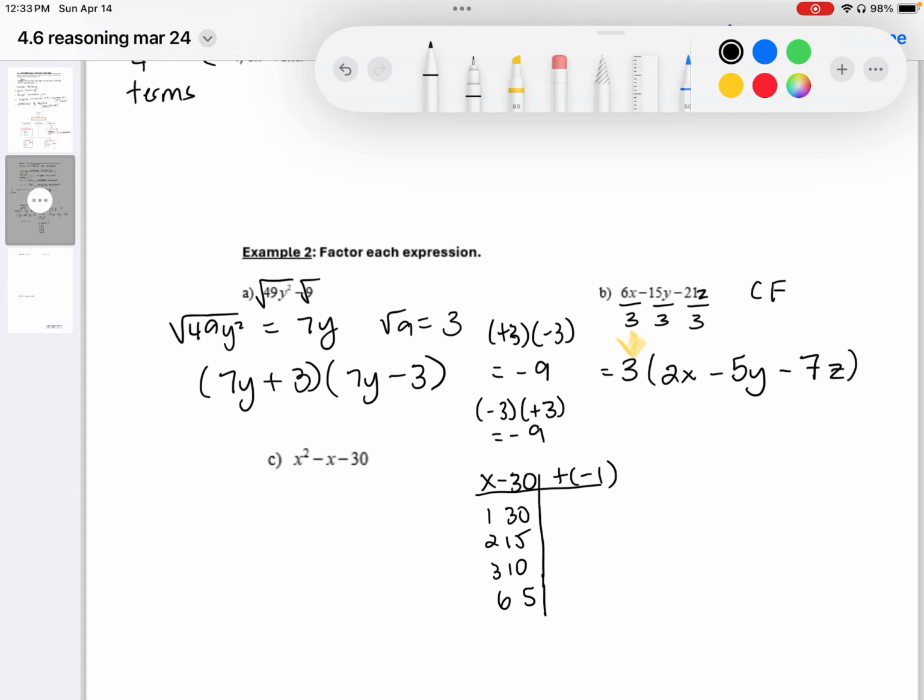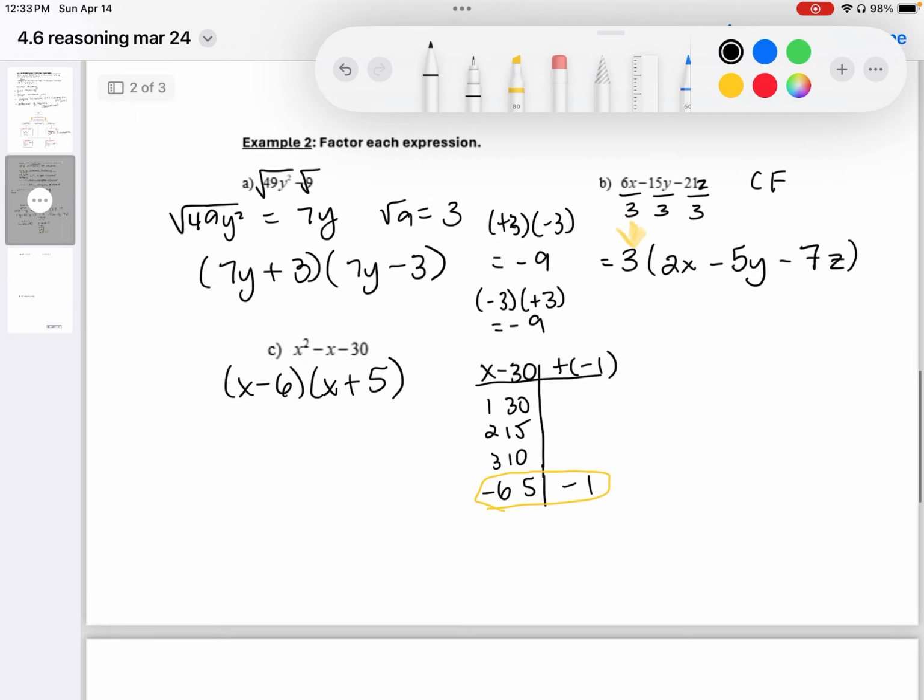And we need to get a negative 30 and a negative 1, which means that we are going to use positive 5 and negative 6. Okay, so it doesn't say to check, but even if you did a quick check, negative 6 times positive 5 would give you negative 30, negative 6 plus 5 would give you negative 1. You could even just give it a quick check.